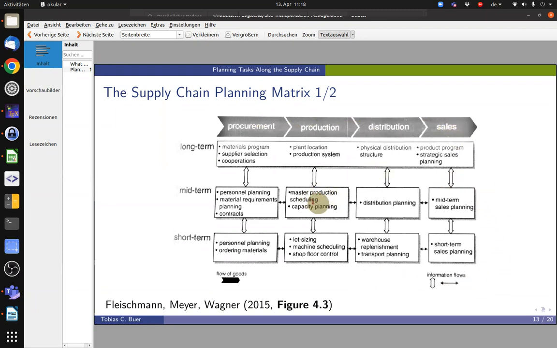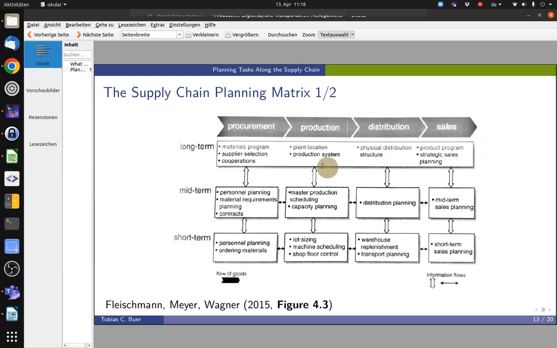And here these modules, for example, master production scheduling and capacity planning, you see that this module is related to production decisions on the midterm range. Or warehouse replenishment and transportation planning is a short-term decision that needs to be made, which is related to the distribution activities of the supply chain.